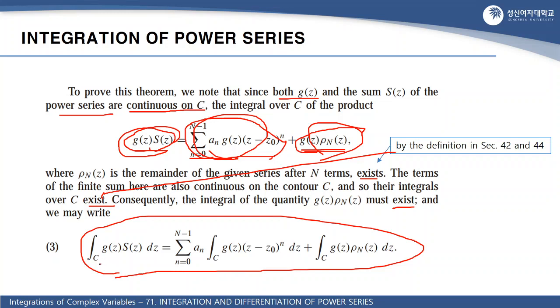Integral along the contour C, g of z times S of z dz, equals the summation n equals 0 to large N minus 1, a_n times the integral along the contour C, g of z times (z minus z naught) to the n dz, plus the integral along C, g of z rho sub N of z dz.